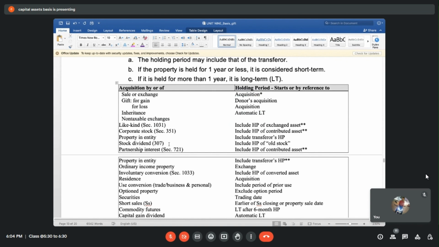Any stock dividends, what do we do? The stocks that I bought 5 years back, dividends have been issued on today's date. Shall I take today's date as the holding period for the new stock? What they're saying is you just take the holding period of the old stock.